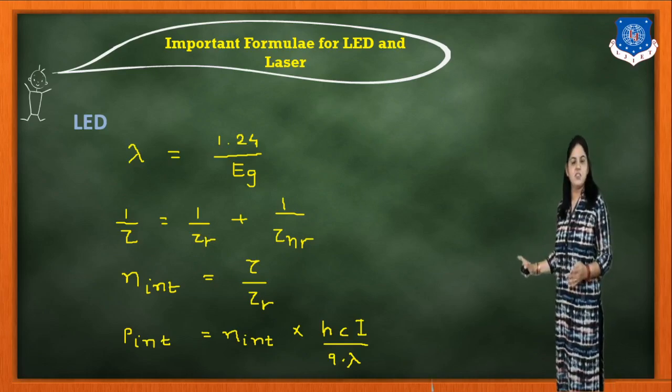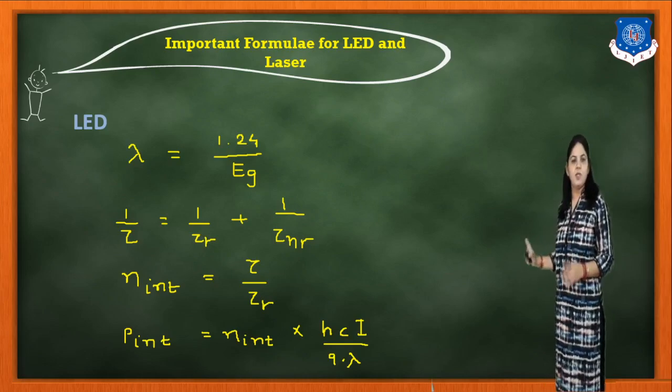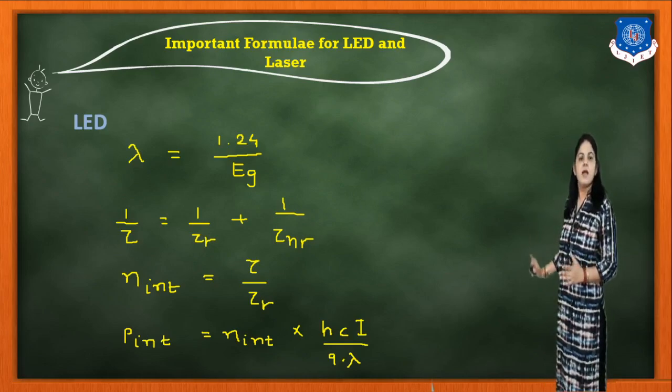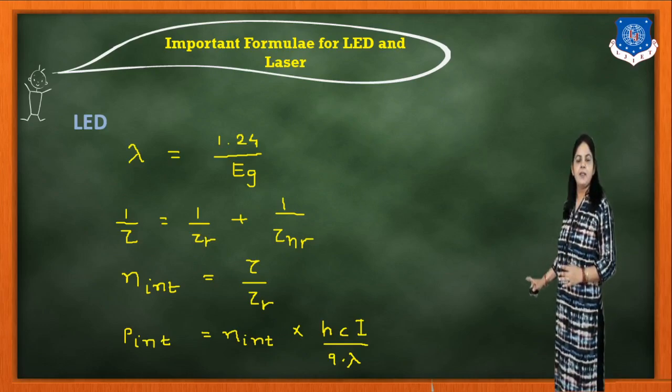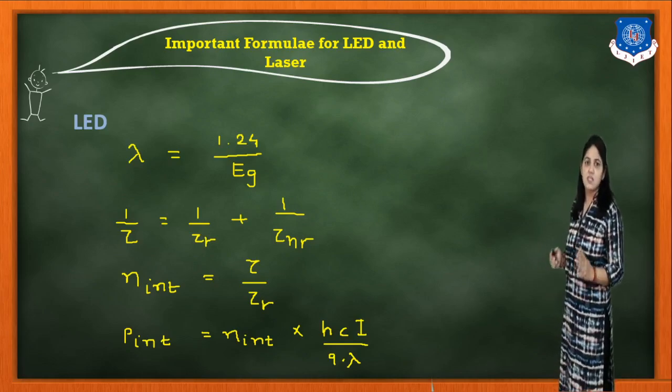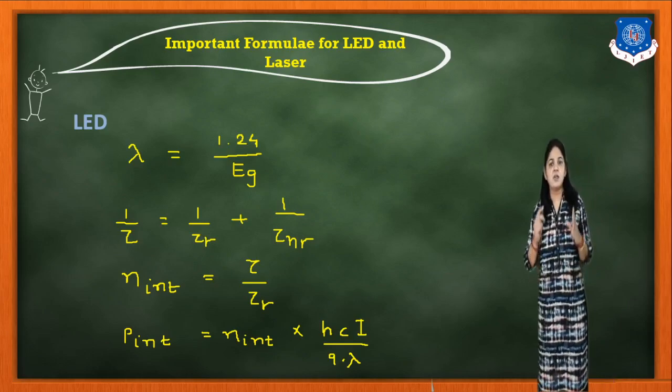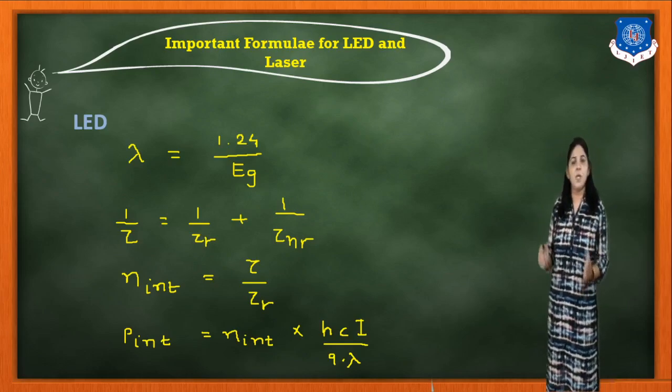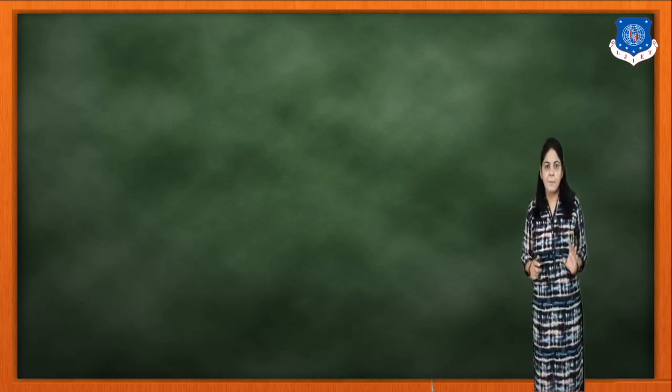Internal quantum efficiency eta int is equal to tau upon tau r, and P int is equal to eta int into h Planck constant c into I upon q into lambda. So these are the equations required to solve the examples related to the LED.